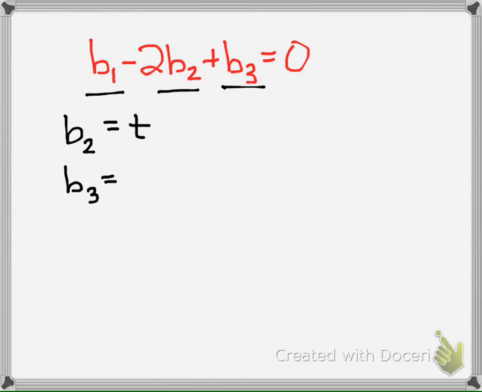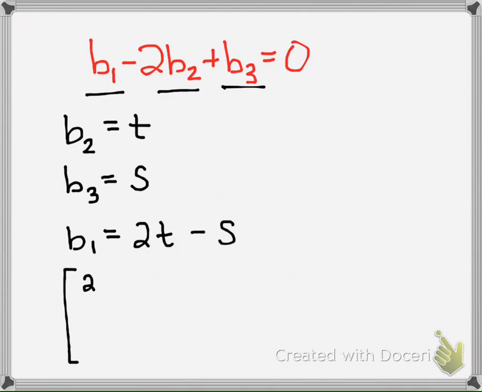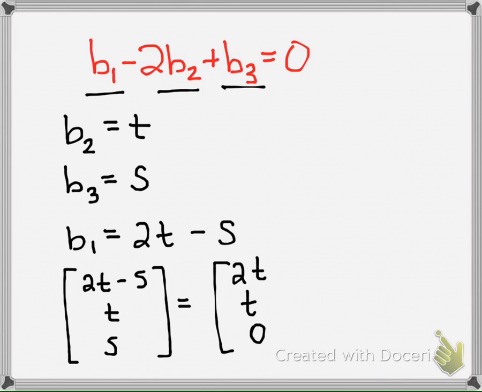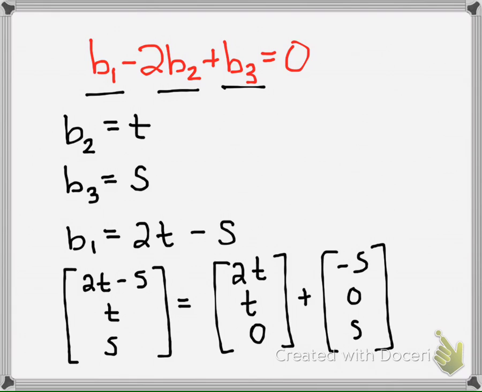It doesn't have to be the same thing as B2, so I'm going to make it a different parameter, s. And then B1 is 2 times the value of B2 minus the value of B3. Writing this as a vector, we would write it as (2t minus s, t, s), which I could rewrite as (2t, t, 0), just the t parts, plus (negative s, 0, s), just the s parts.